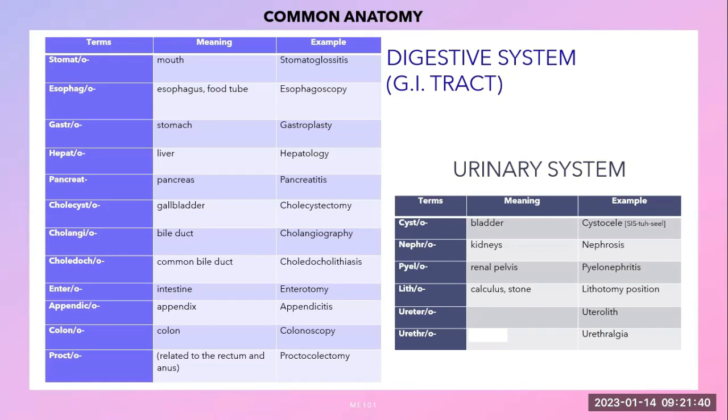Usually we say nephrosis, which is the disease of the kidney, and that's it. I usually use nephrosis if something is wrong with the kidney, like when there is a lot of protein inside the urine. So nephrosis, that's what it means.